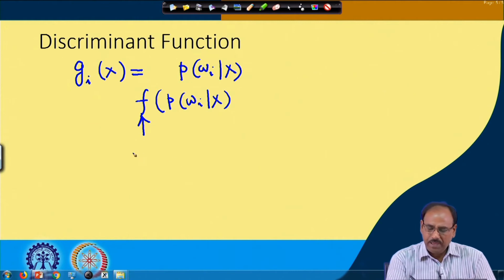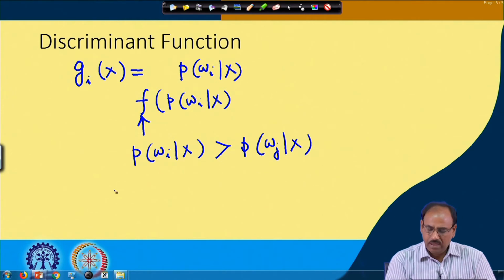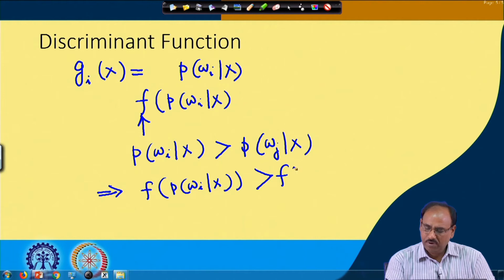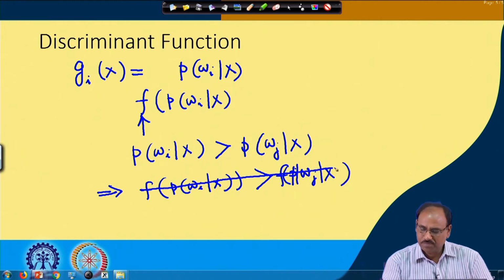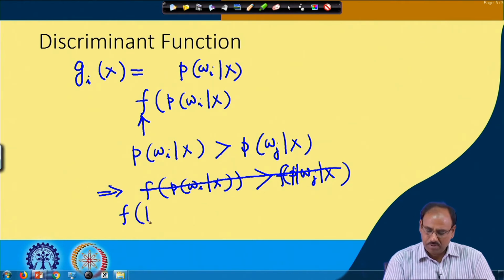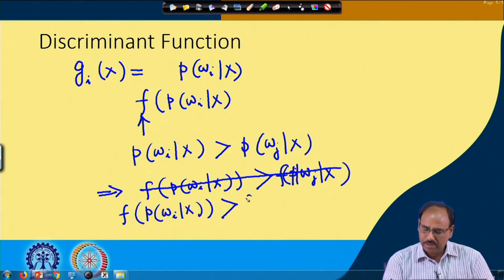That means, if P of omega i given x is greater than P of omega j given x, this should imply that f of P of omega i given x is greater than f of P of omega j given x.